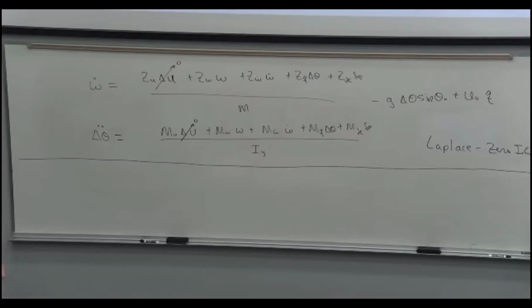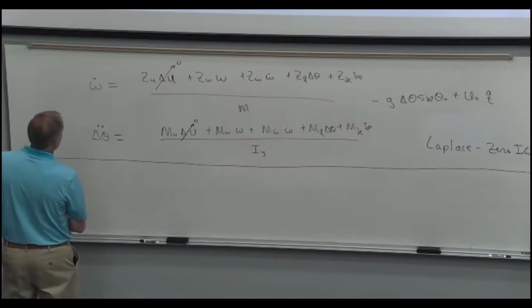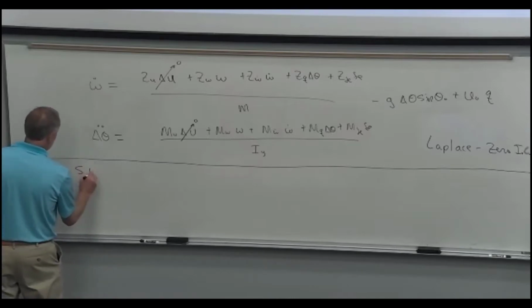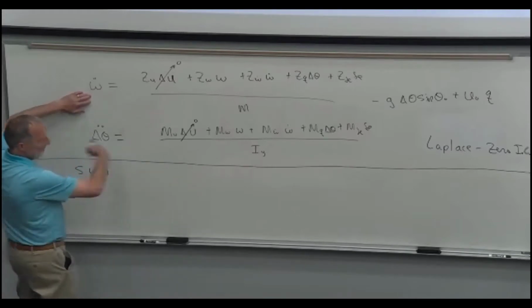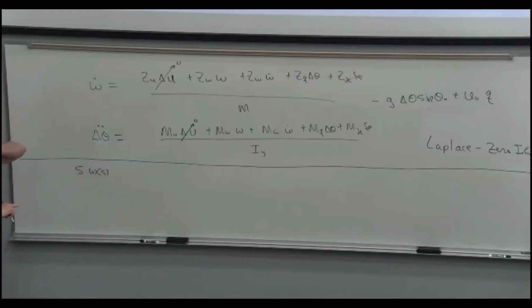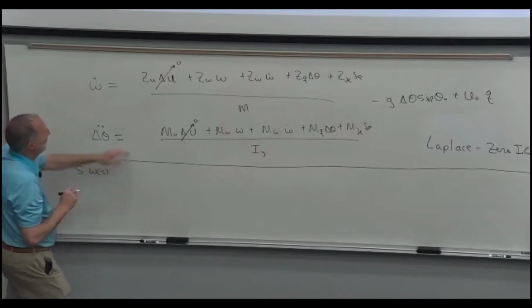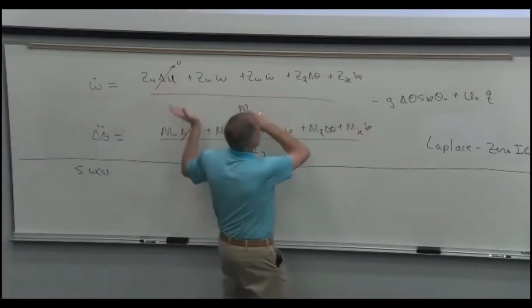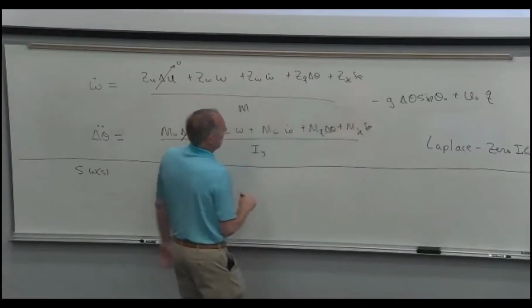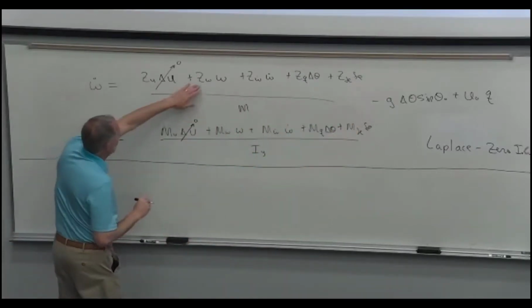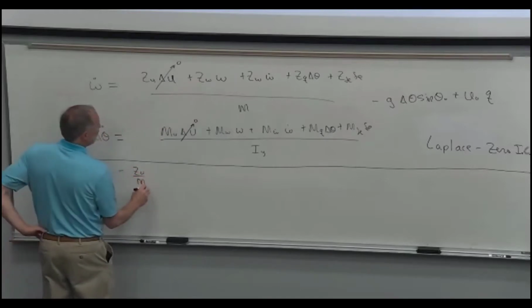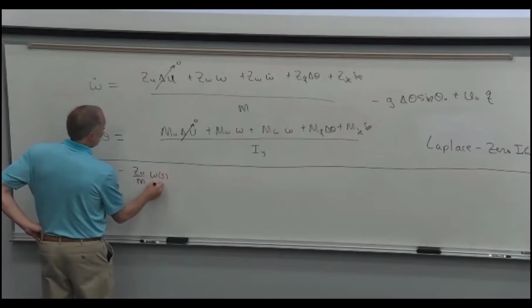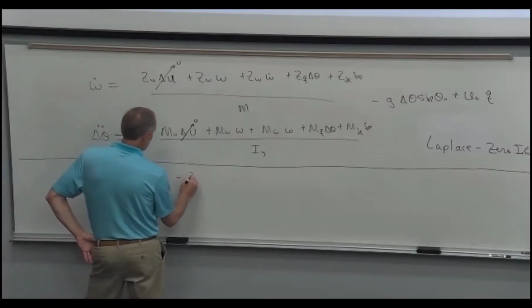All right, so hopefully you're mostly done. So let's do this. You get S times W of S. I'm going to put all the unknowns on the left side. I know I didn't ask you to do that, but that's okay. We're just going to rearrange so that we can put it into a matrix. So I'm going to shove all of the unknowns on the left and then keep the input on the right. So let's look at this term. We got a ZW over M. Those are just constants, and then that just becomes W of S. And then we got a ZW dot.